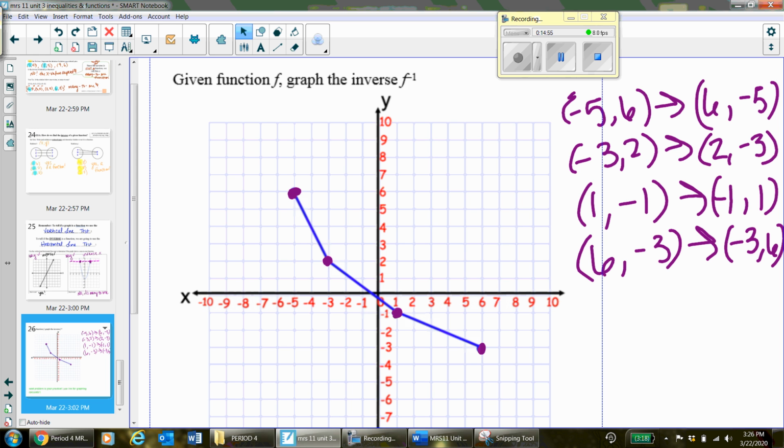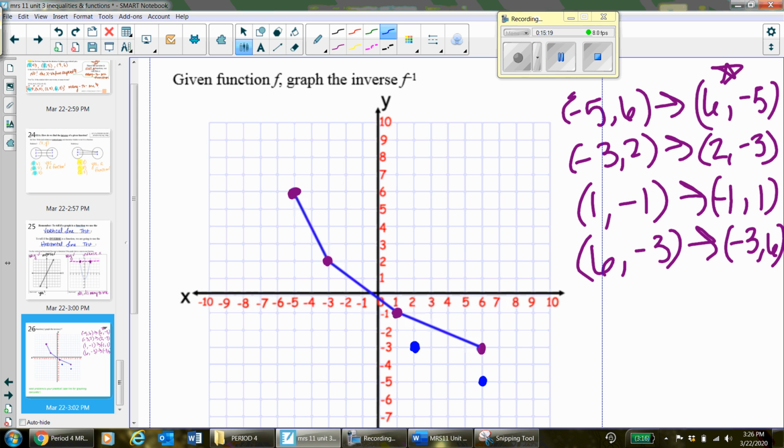So now I'm going to plot all the inverse points, which is this side of my list. Okay, so 6, -5. So let's do it in a different color. So 6, -5 would be here. Then 2, -3 would be here.